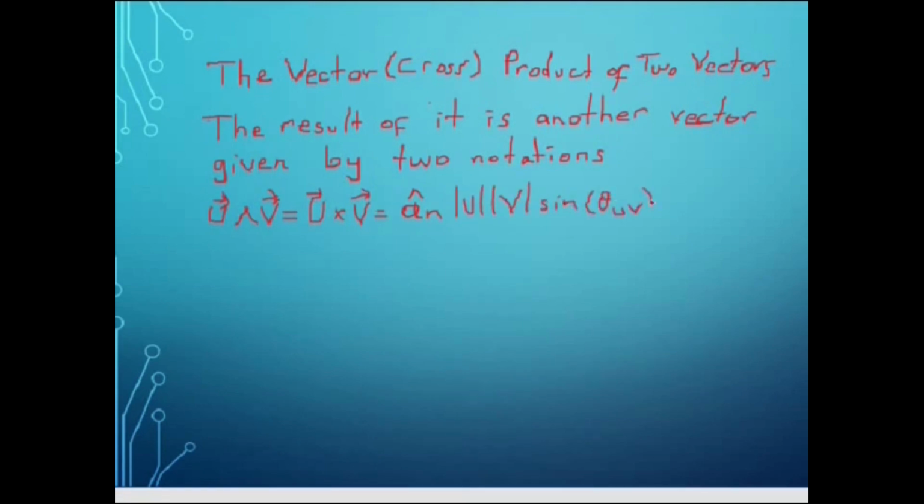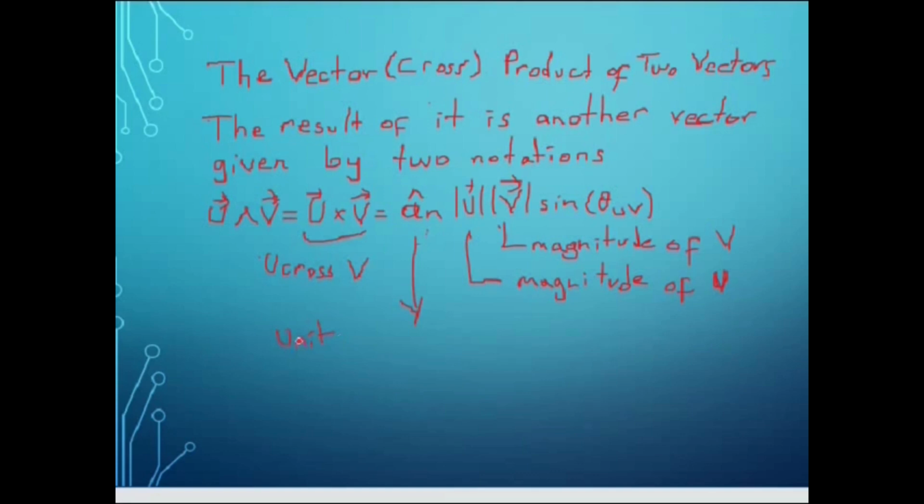U cross v equals the unit vector of the normal vector times the magnitude of u times the magnitude of v times sin theta uv. The vector an is specified by the right-hand rule.